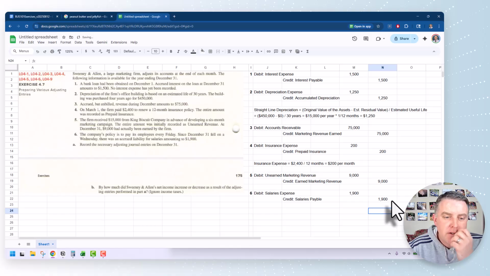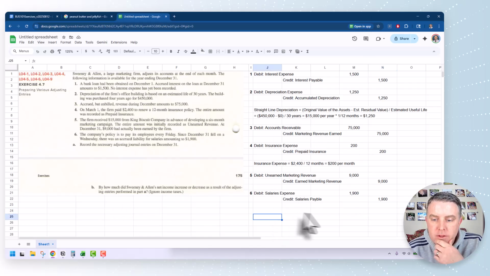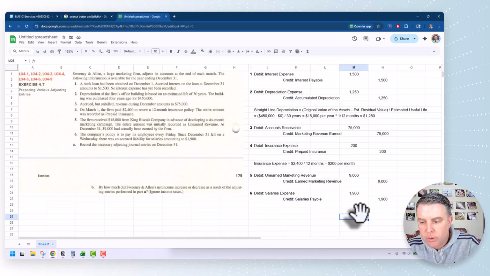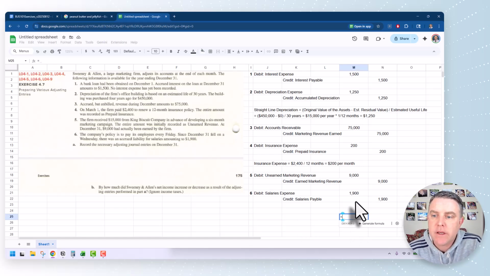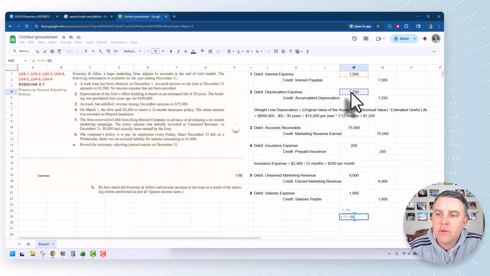Now, part B here was asking, by how much did Sweeney and Allen's net income increase or decrease as a result of the adjusting entries in these 6 entries? Well, it's not necessary for us to understand adjusting entries, but if we wanted to, we could answer part B. We could say, well, for one, we had a $1,500 expense in this entry. We had a $1,250 expense in this entry.